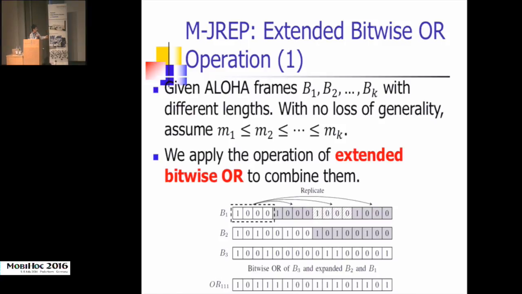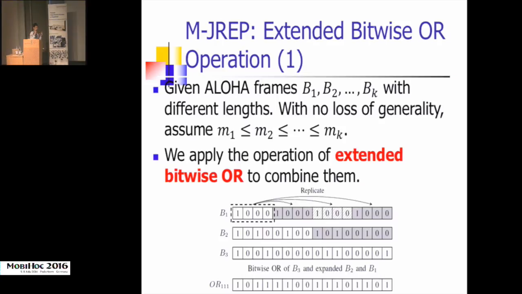We can replicate B1 several times so that it has the same length as the longest bitmap B3 here. And B2 is also replicated twice. After the extension, all three bitmaps can be combined using bitwise OR, and we get this OR bitmap.